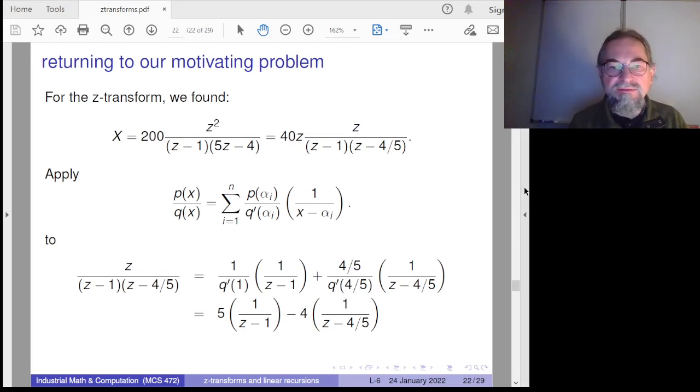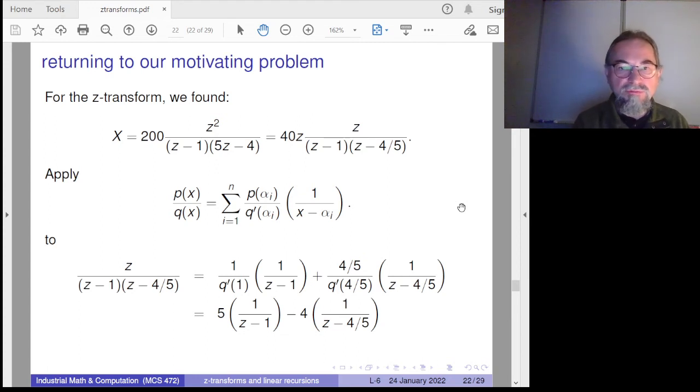So my p is z. To make this easy, if I evaluate at 1, I have 1. And I can tell you that the derivative is 1/5 in q, so I have the 5 sitting in there. Then I have the 4/5 when I evaluate at the other root at 4/5, so the alpha 2.